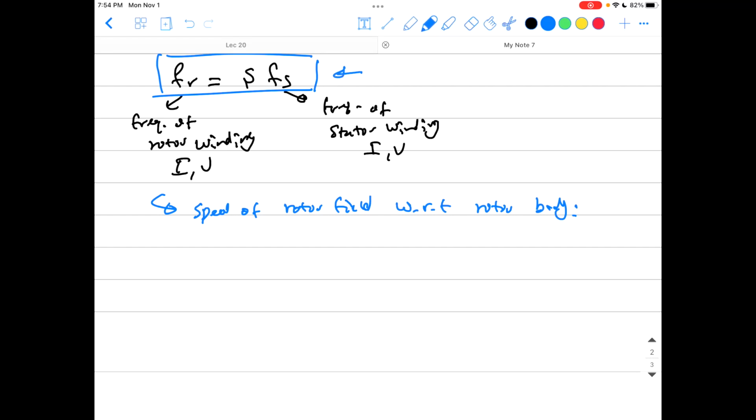This will equal 120 F over P, because again it's a rotating magnetic field like we said before. But which frequency? It's the rotor frequency, because that is the rotor field. So this is your slip speed, because we said that the speed of the rotor field with respect to the rotor body is the slip speed. So the slip speed equals 120 F rotor over P, where P is the number of poles.